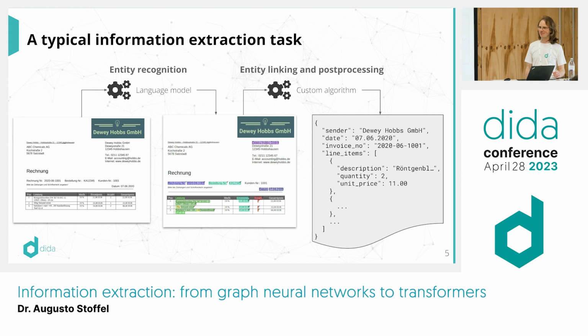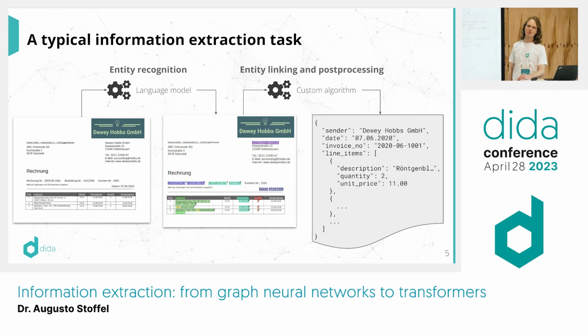Is the data fed, maybe I missed this, as an image of the PDF, or the content of the PDF itself as LaTeX? Yeah, so the input is really the text.